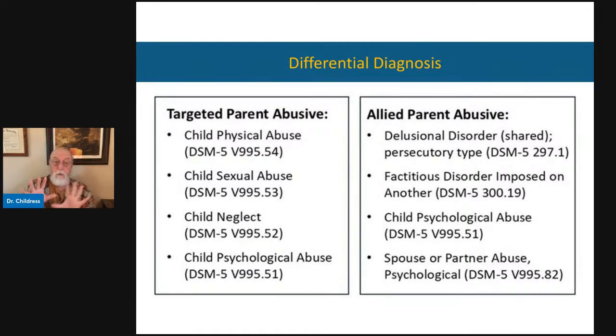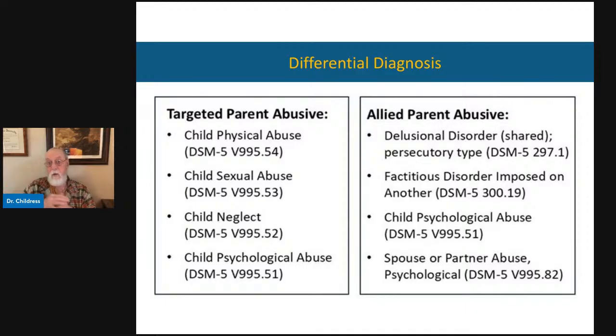So there's two potential differential diagnoses that can result in severe attachment pathology, a child seeking to flee a parent or a child rejecting a parent. Either one, A, it's the targeted parent who's abusive, in which case, what type of abuse: physical abuse, sexual abuse, neglect, or psychological abuse. We need to identify it and put it on a treatment plan.